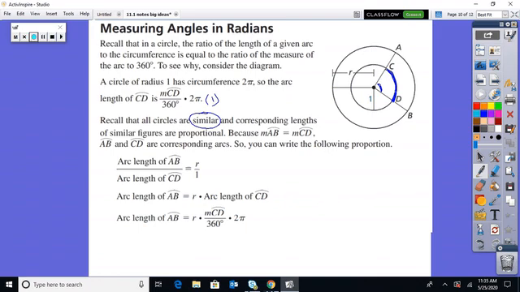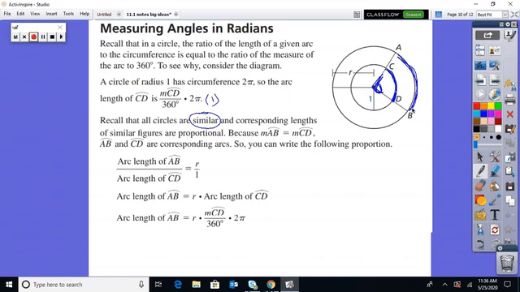So the fact that all circles are similar means this little circle and the bigger circle are going to be proportional. And that's true with any two circles that you would compare. Because the measure of that arc is the same for AB and CD.